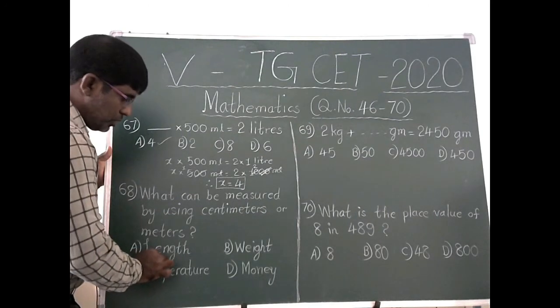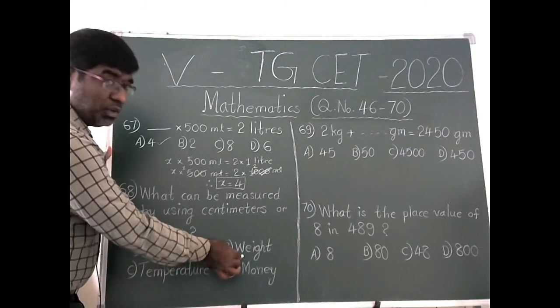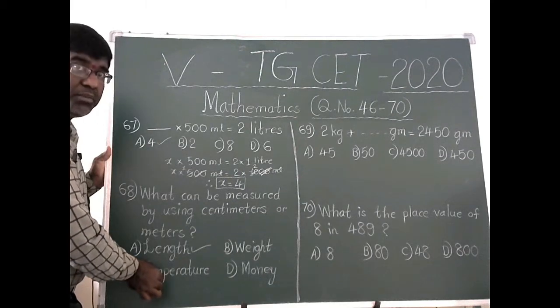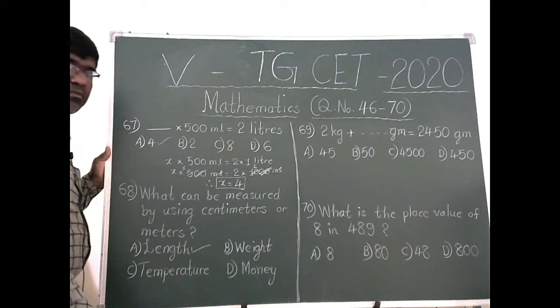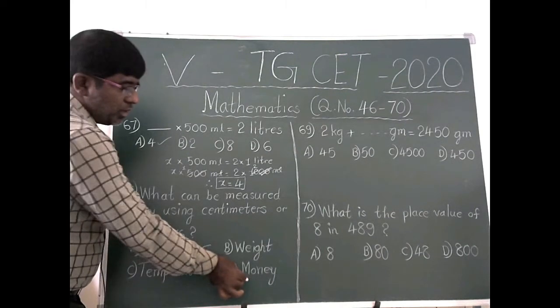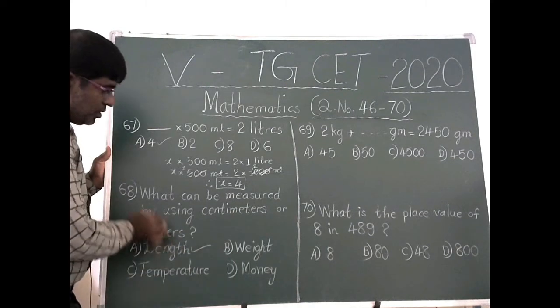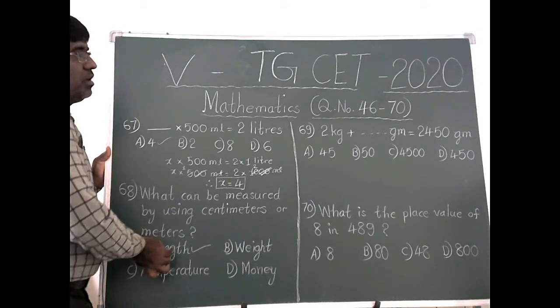So option A is the correct answer. The unit of weight is grams, kilograms. The unit of temperature is degrees Celsius. The unit of money, in our country India, is rupees. So our answer is length. Option A is the correct answer.